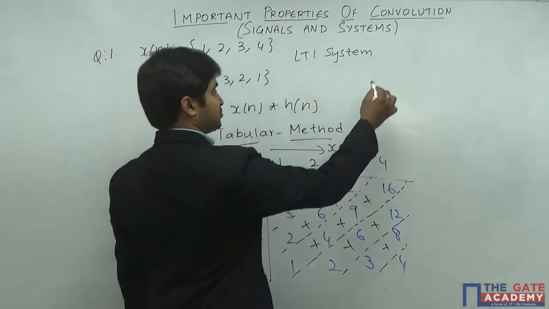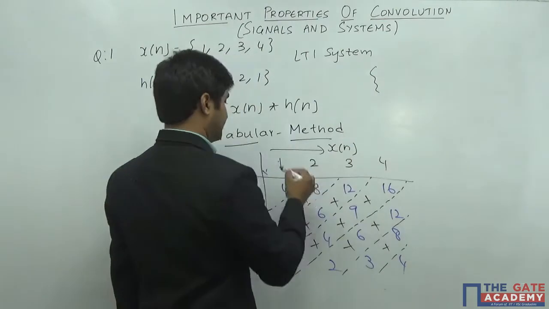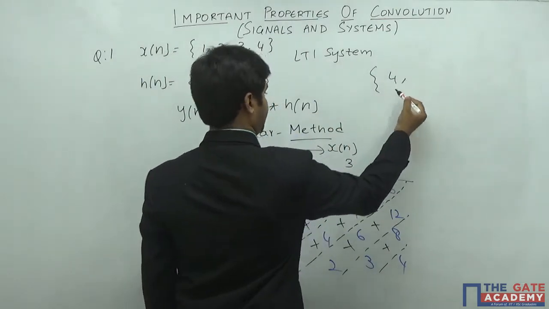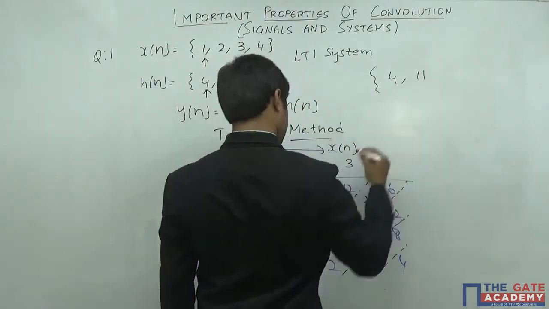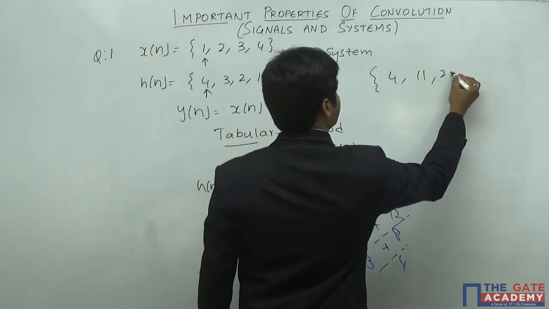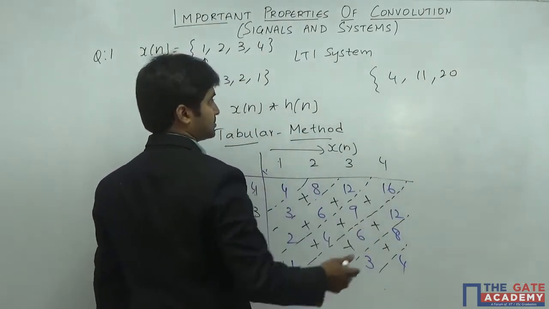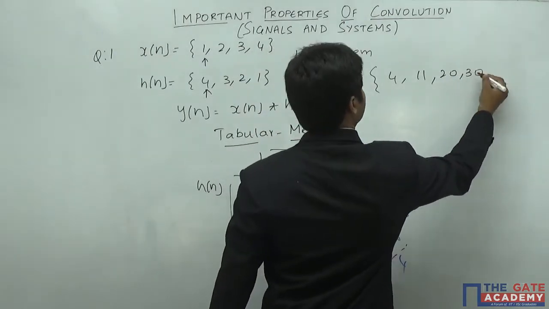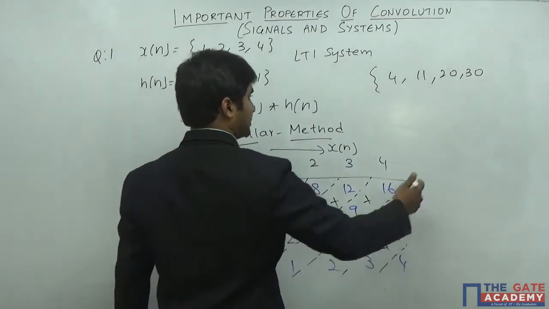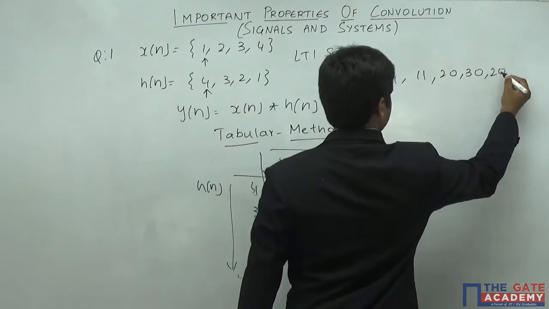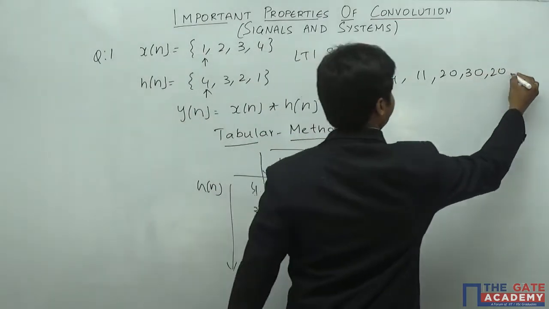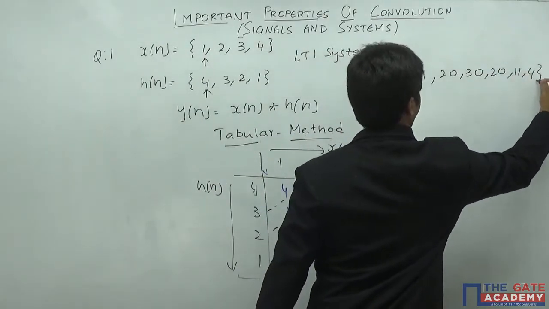Now I am going to write the elements that I have: 4, 11, 20, then 5 plus 9 plus 16 is going to be 30. And then you're going to have 20 once again, and then 11, and then 4.